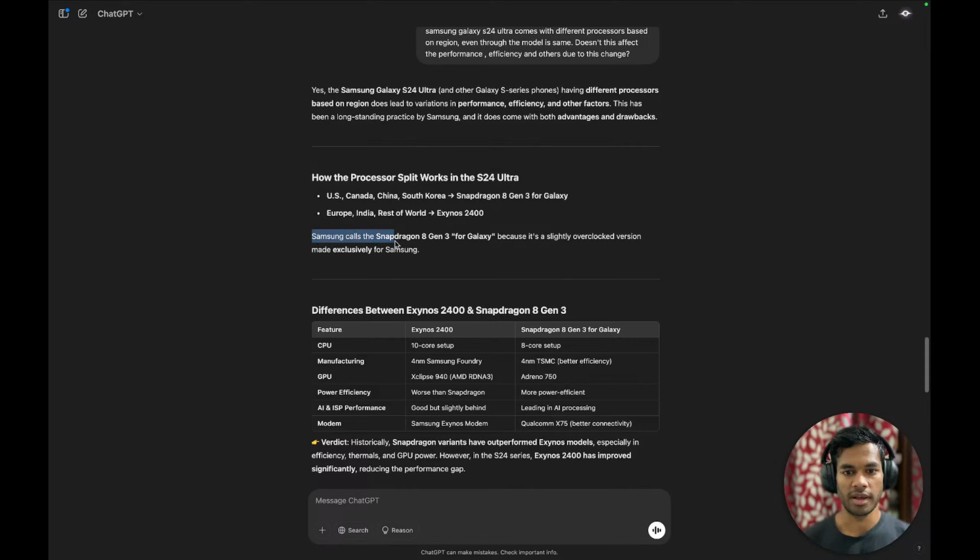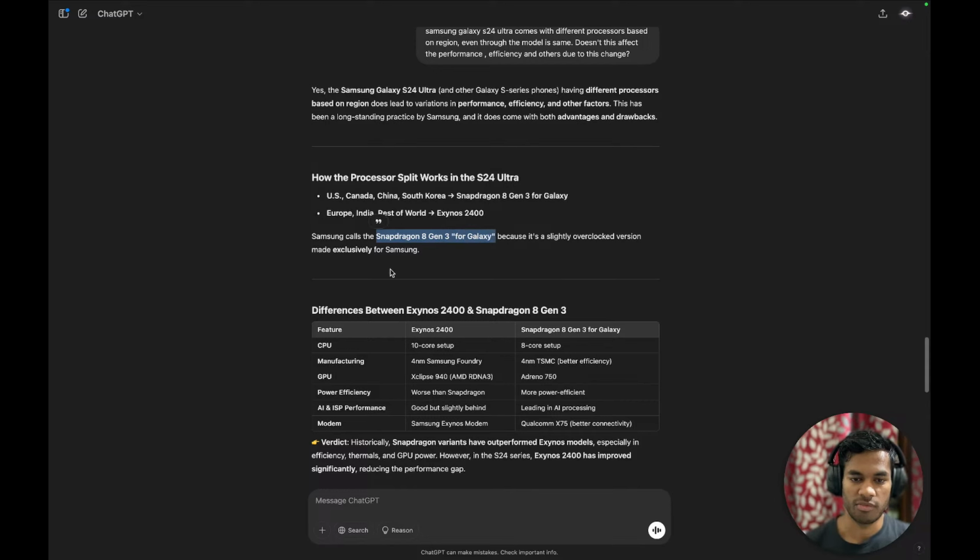Samsung calls it the Snapdragon 8 Gen 3 for Galaxy.